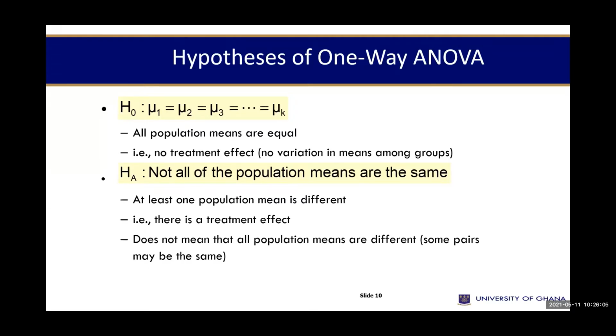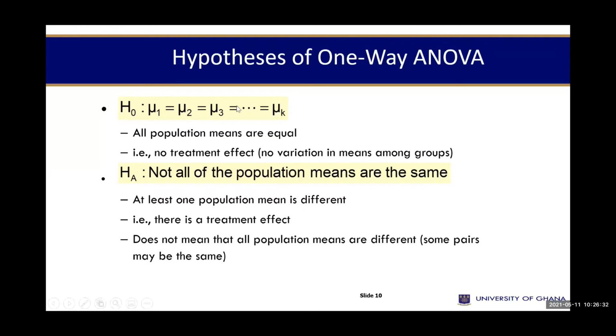Means that we can say that the sales or profit in question at these different malls are yielding the same results. So the null says that all population means are equal. That is to say that mu1, mu2, mu3, they are all the same. So mu1 equals mu2, mu2 equals mu3, all the way to mu k.